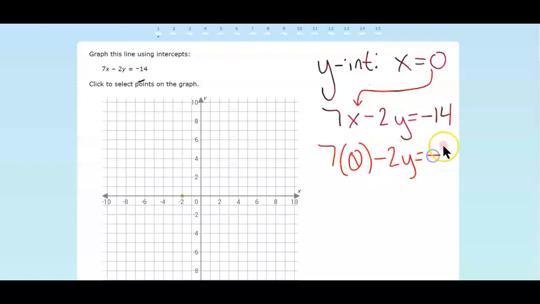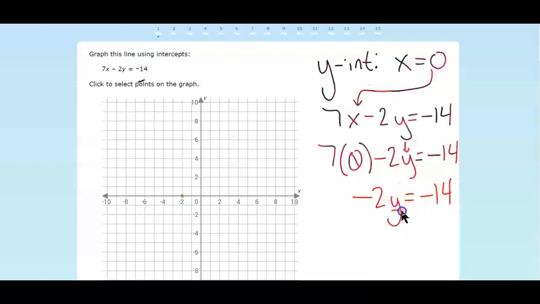Since we want to find the y value, we're going to solve for y and get y by itself and positive. We're going to isolate the y. By substitution property of equality, 7 times 0 evaluates to 0. And 0 plus or minus anything is itself the other thing. So now we have negative 2y equals negative 14.